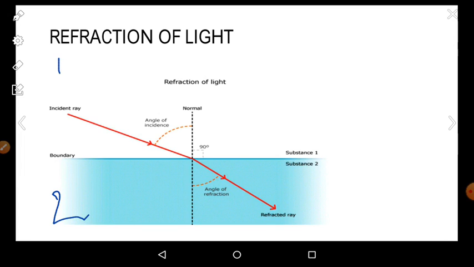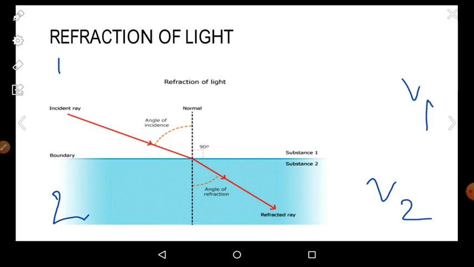As I said, due to refraction in this phenomenon, there is a change in the velocity of the light after entering into the second medium. It means the velocity of light in the rarer medium, we can denote as V1, and the velocity of light in the denser medium, we can denote as V2. These two velocities are not equal to each other.